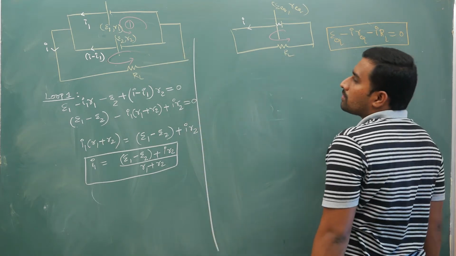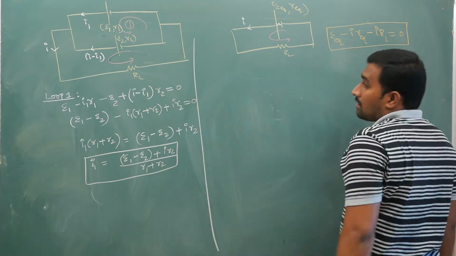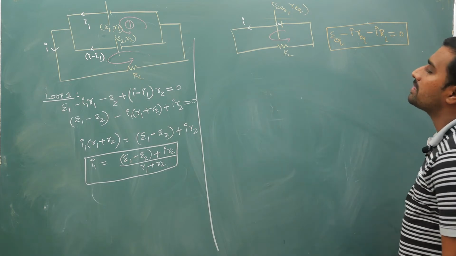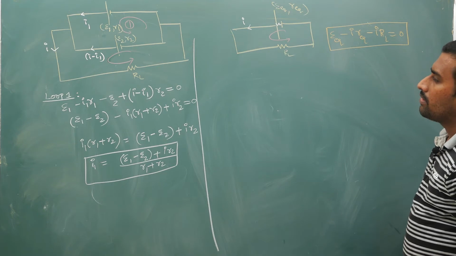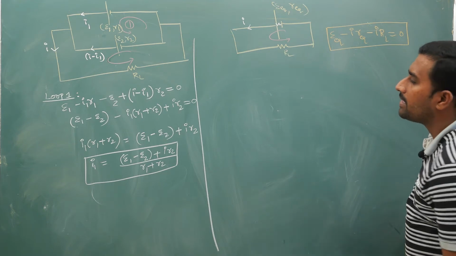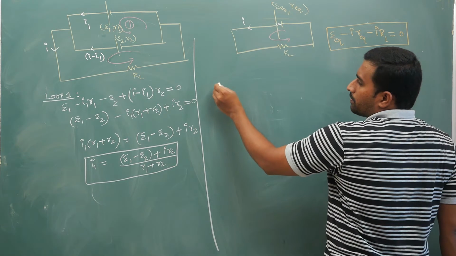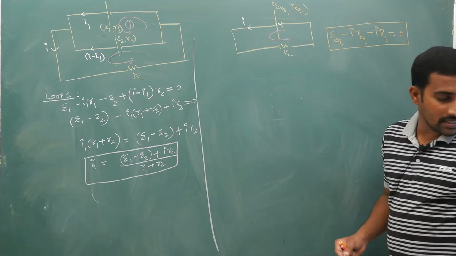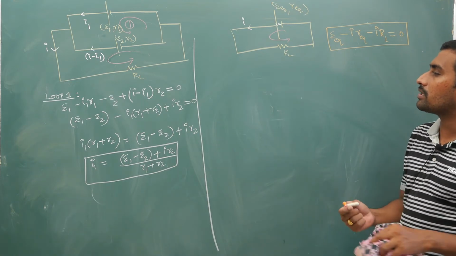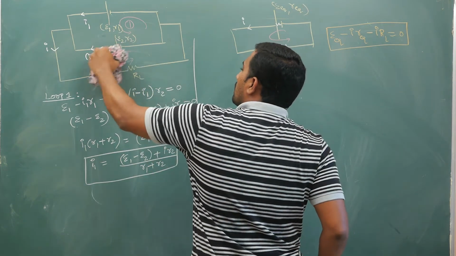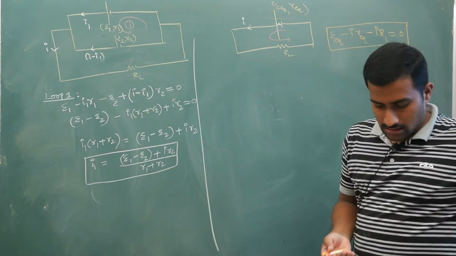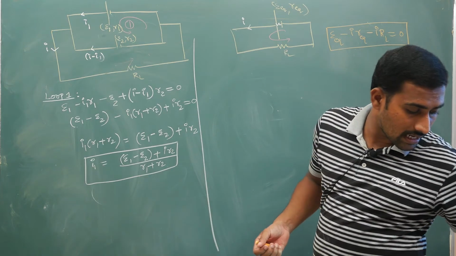Now coming to the second loop, I will try to apply Kirchhoff's law in the second loop. Instead of traveling through this, I will travel through the top one. That will make my calculation easy.